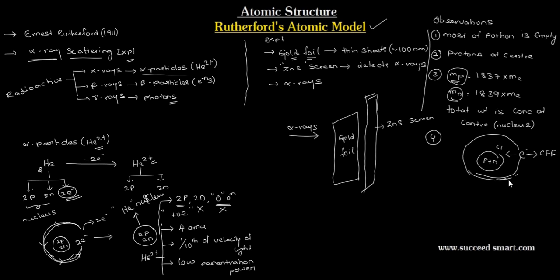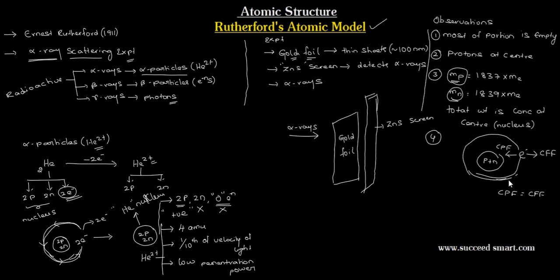The force acting outward is known as centrifugal force, and the force acting inward is known as centripetal force. These two forces are equal, that means centrifugal force is equal to centripetal force, and they act in opposite directions. Therefore, the electron remains in a revolving condition.